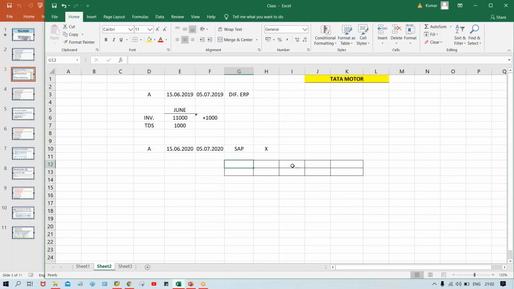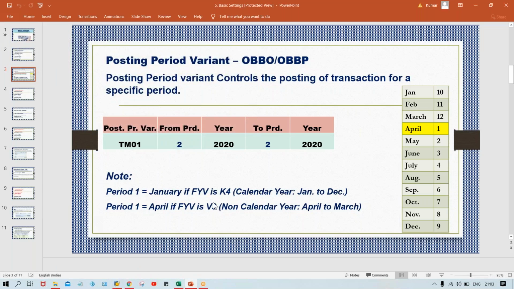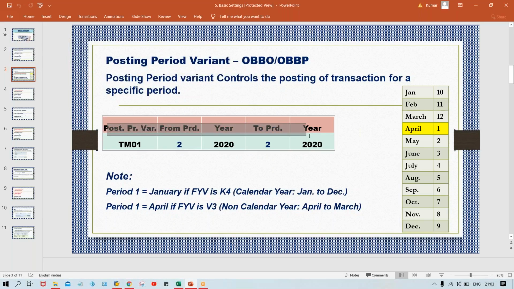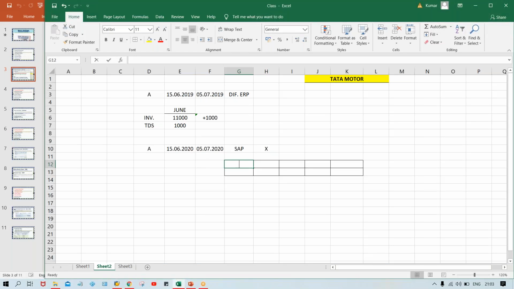So now here, first of all, what is happening guys, posting period variant, let's suppose we are going to set up a posting period variant. Okay, let's suppose, I will just copy these things, and give you a posting period variant.